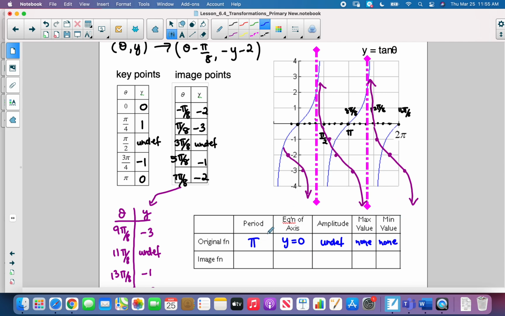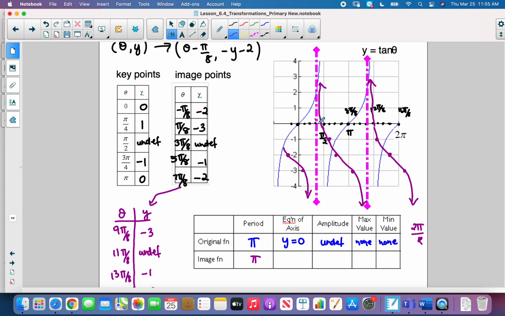And in the image function that we graphed, the period, the time taken to complete one cycle, is also pi. We could use the formula that we had, which is 2 pi divided by k, right? 2 pi divided by the k value. So one period is from here to here.